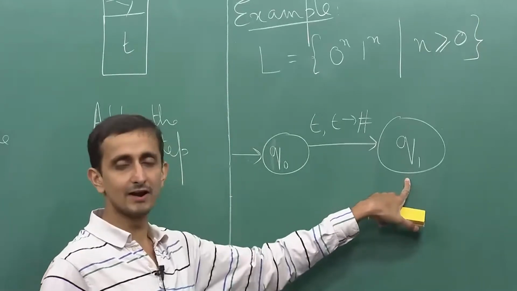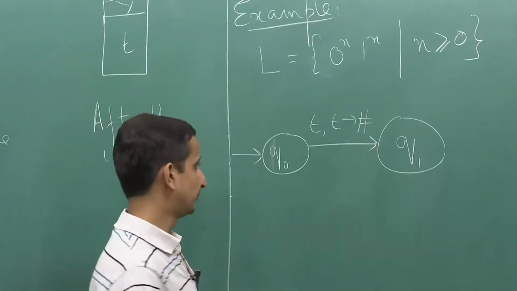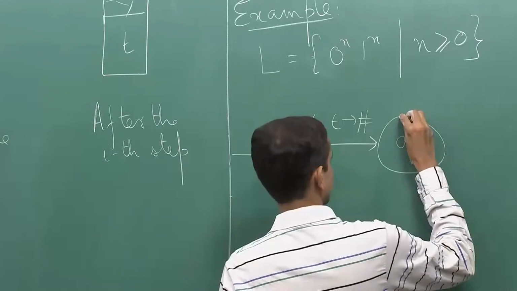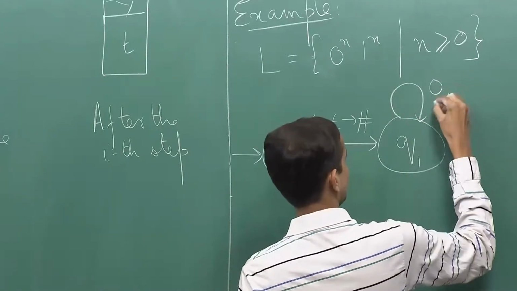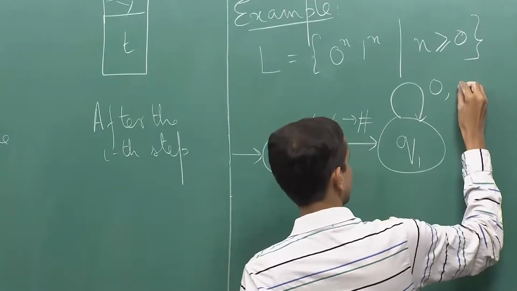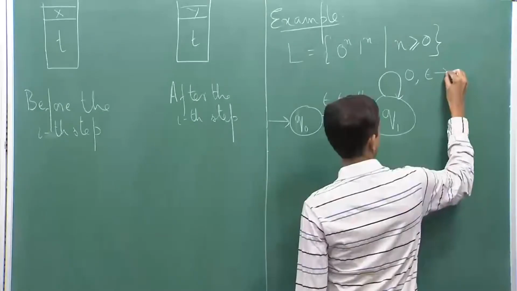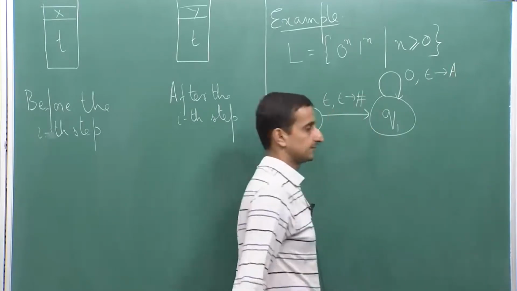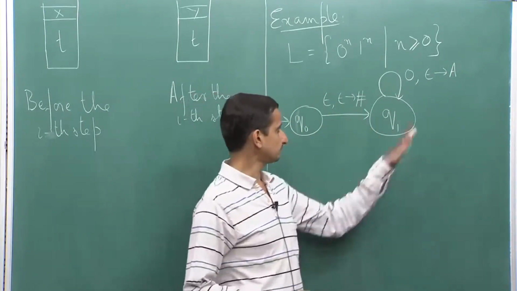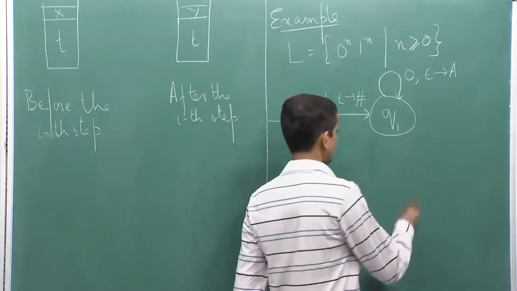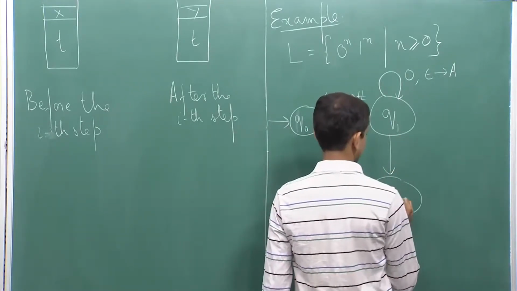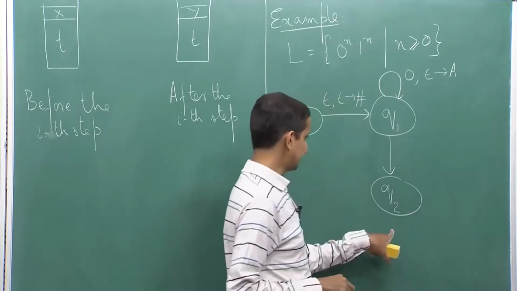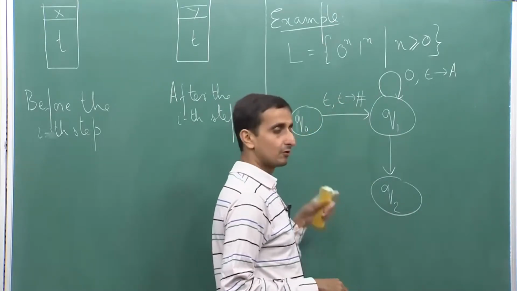We will use Q1 to read 0 and push A's. So, on Q1, if I see a 0, I will push an A onto the stack. Now, from Q1 I go to a state Q2, which I will use to pop out A's.